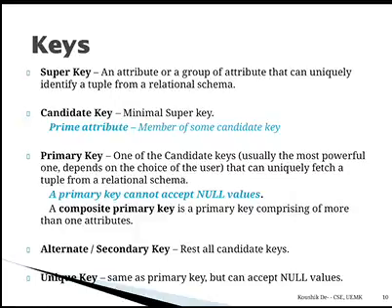In database relational modeling and implementation, a candidate key is a set of zero or more attributes, the values of which are guaranteed to be unique for each tuple in a relation.